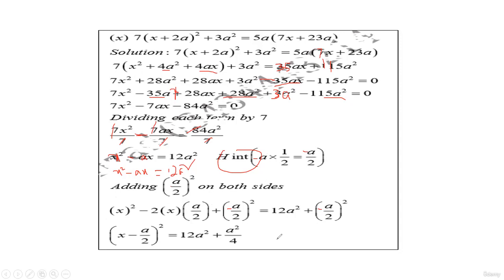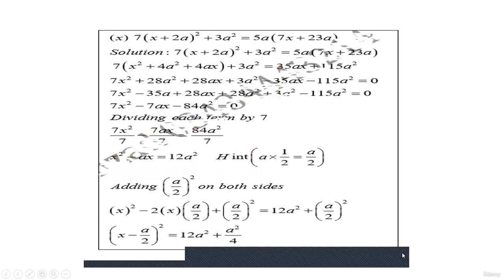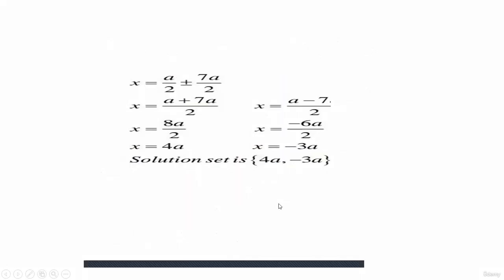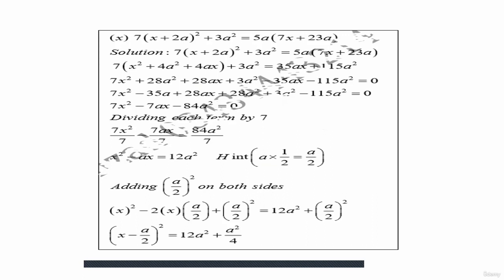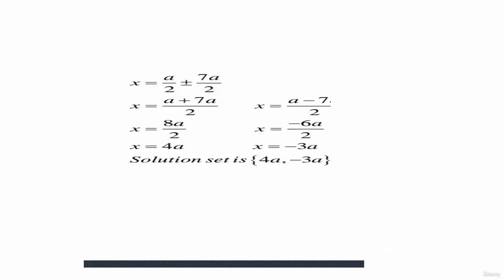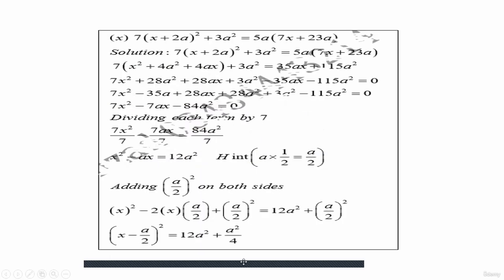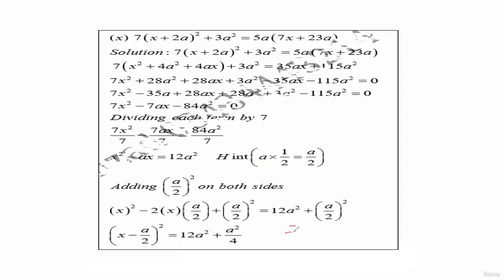So now, first you have to take the LCM, and then you have to take the square root. How will you take the square root? First, the LCM. What will be the LCM? The LCM will be 48.